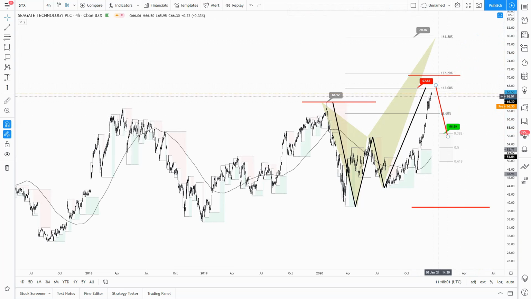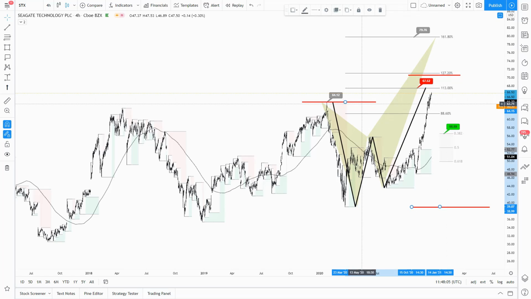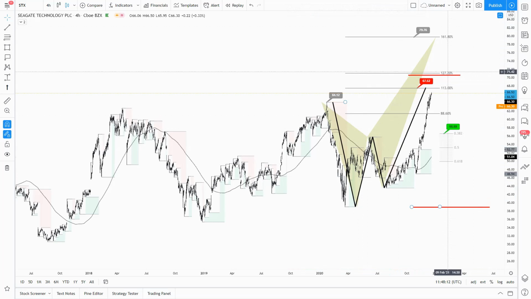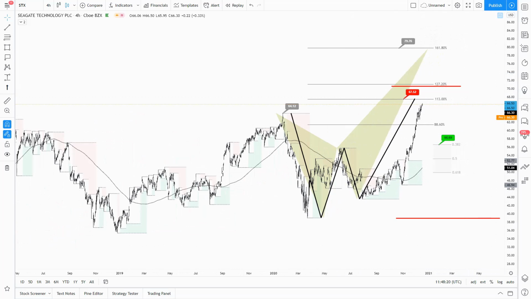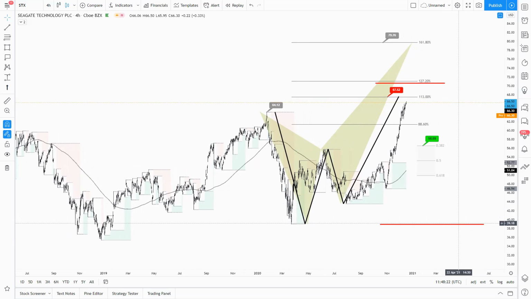So the 113% Fibonacci extension as an alt-bat pattern completion point should be used also, in my opinion, as a potential indication for a false breakout above or below the previous structural resistance or support levels, respectively.